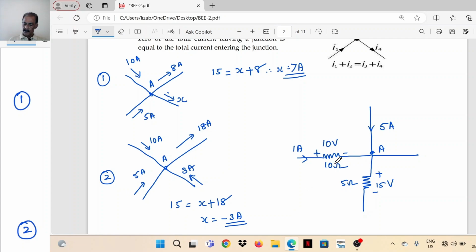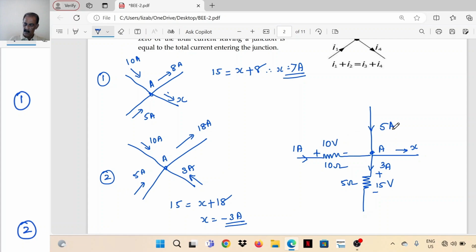So here also, a 5 ohm resistor, across that the voltage drop is 15 volts. So the current is 15 by 5, 3 ampere. So this is an outgoing current. 3 ampere is going away from junction A. Now to find out the current, I'll take it as an outgoing current X. So this is incoming, this is outgoing, this is also incoming.